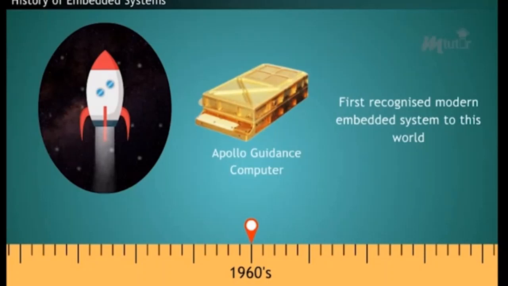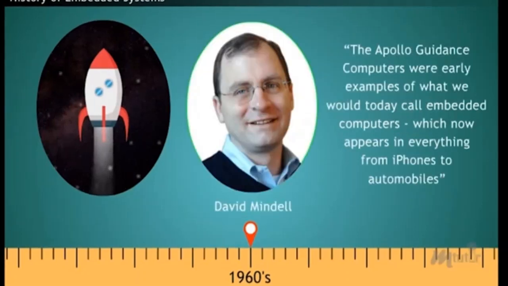Like ARPANET, a network that was first made for the US military and then distributed to humanity as a business model later. David Mindell made this very good Apollo guidance computer, and now you can see this kind of computer in your iPhones to automobiles.